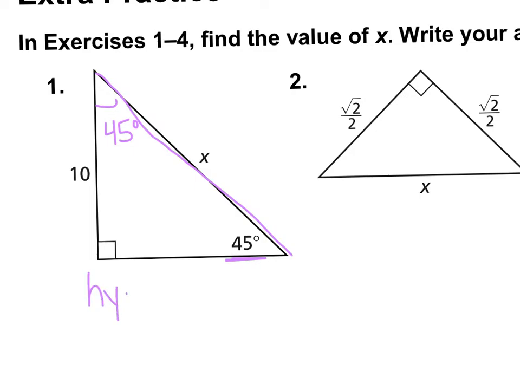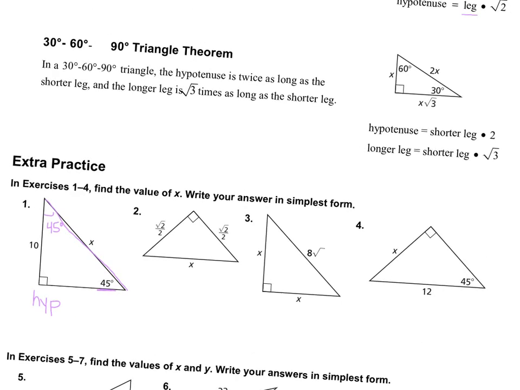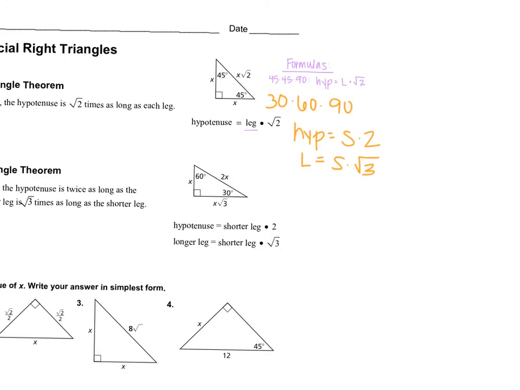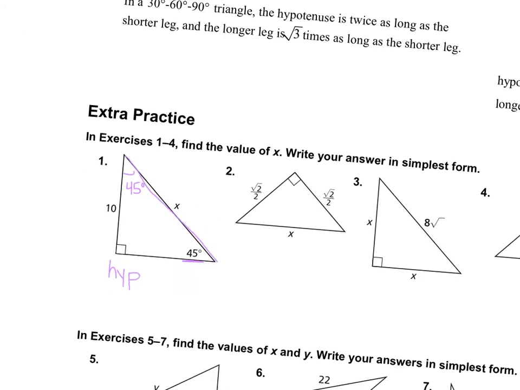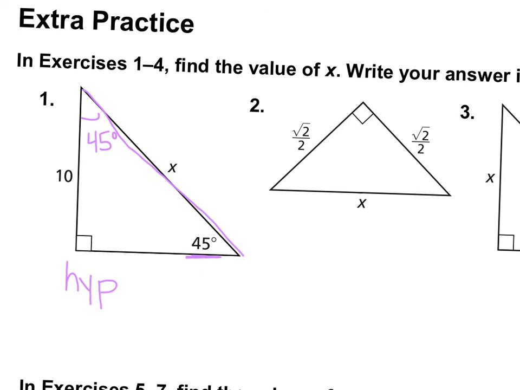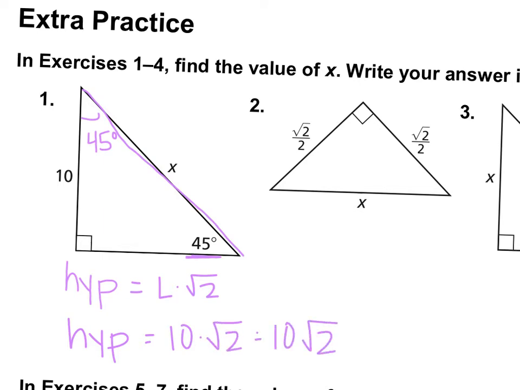Looking back up at our formula, for a 45, 45, 90 the hypotenuse is the leg times radical 2. So in this case, my hypotenuse is equal to 10 times radical 2. So it'd just be 10 radical 2. Okay?